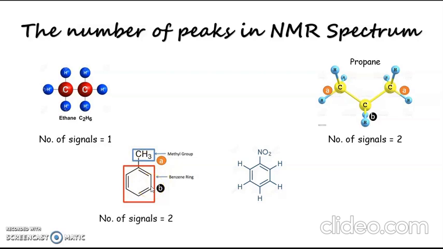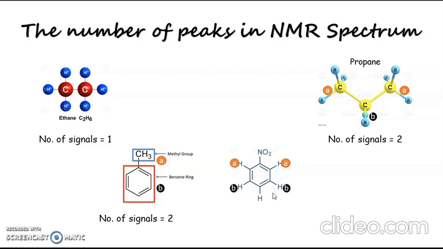But for nitrobenzene, the nitro group influences the ortho, meta, and para hydrogens differently. It is a famous electron withdrawing group, and it can affect the different positions of an aromatic ring, so in this case we have to differentiate the ortho hydrogens, both of them equal and paired.